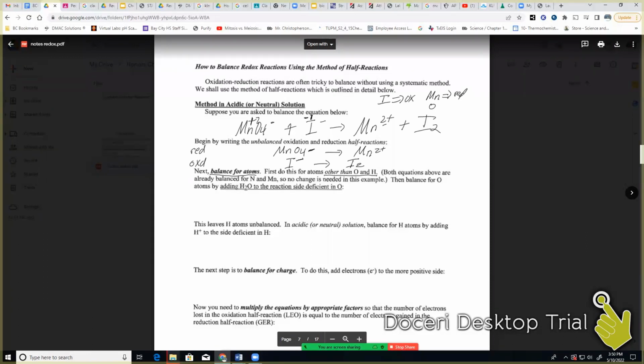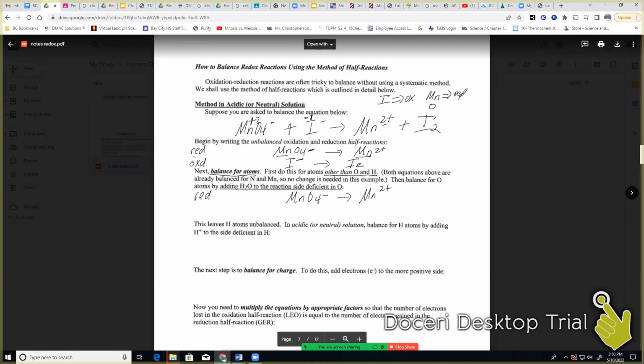If I look at my reduction half, I have 1 Mn, and over here I have 1 Mn. So it is already good. I'm just going to write it again.